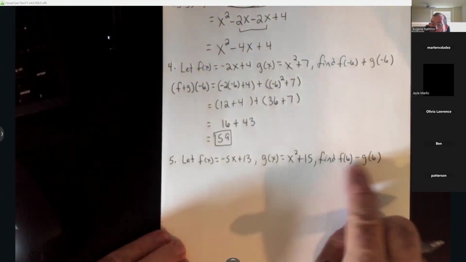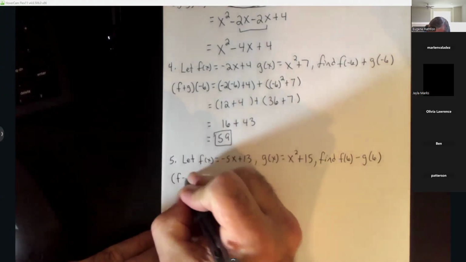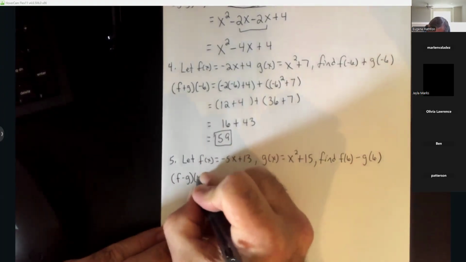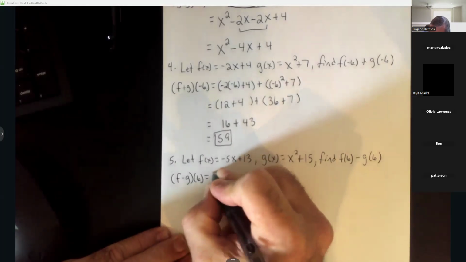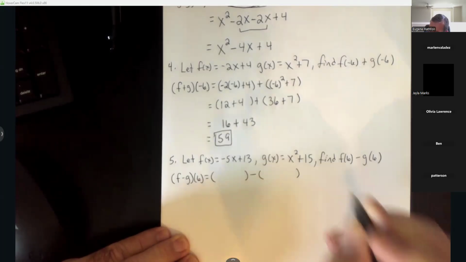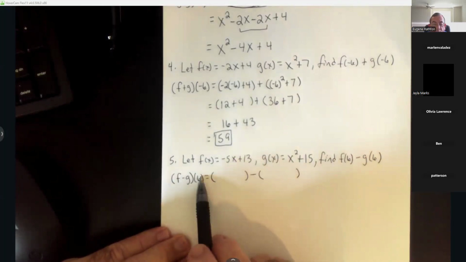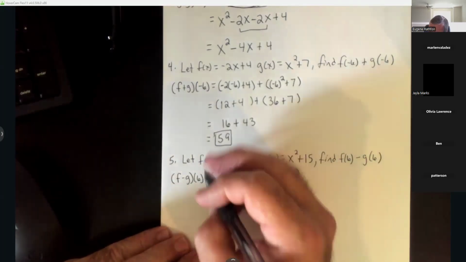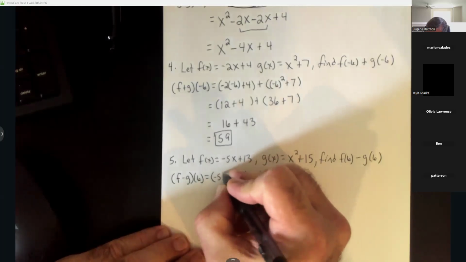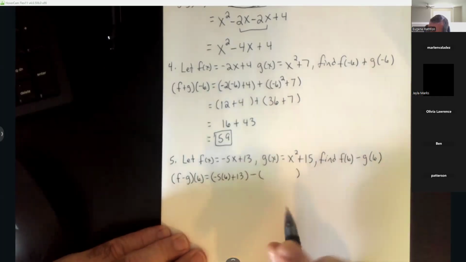So since these both have the same numbers, we can write this as f minus g of 6. That's going to equal our f minus our g. All right, so here's f, and it looks like I'm putting a 6 in for the x. So I got negative 5 times 6 plus 13.